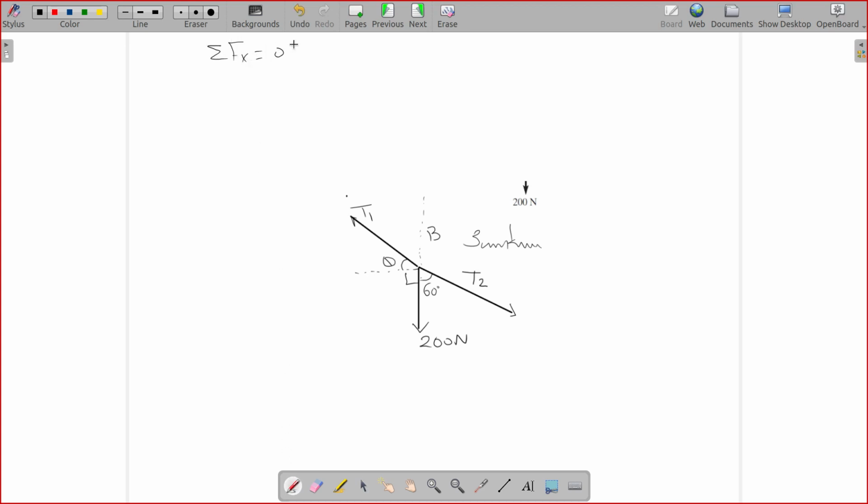I will write down the equations. Net force in the x direction should be 0.